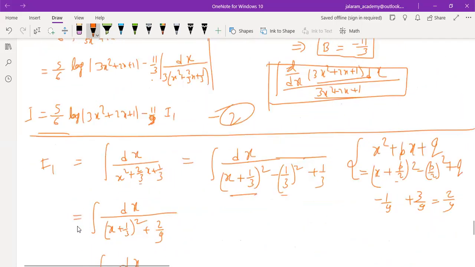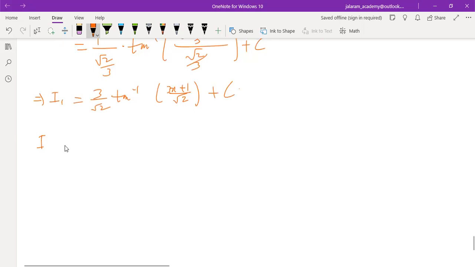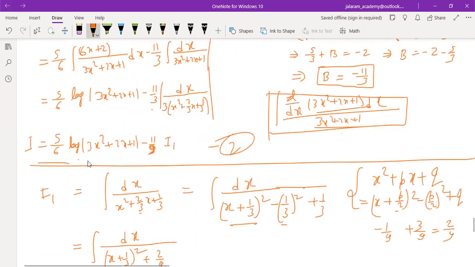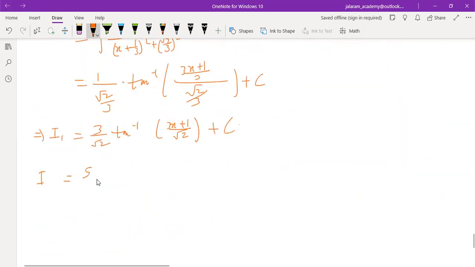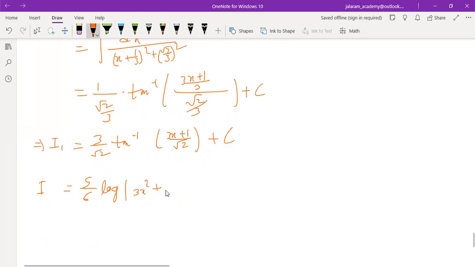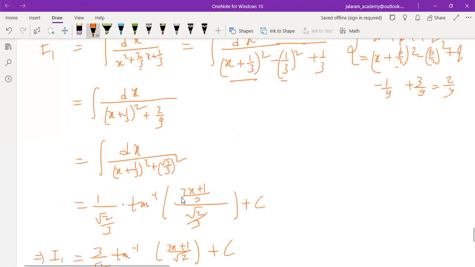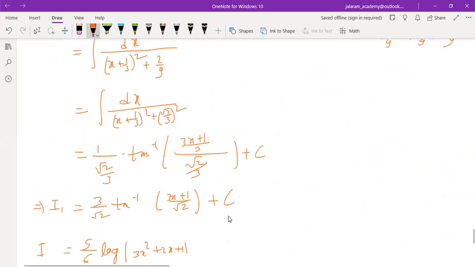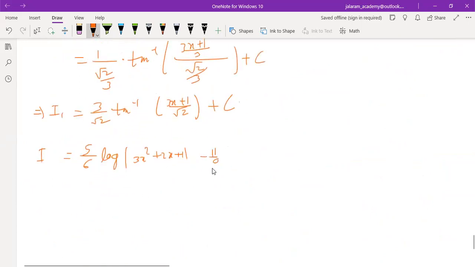So now I will be obtained by I equals 5 by 6 log 3x square plus 2x plus 1 minus 11 by 9 into I1, 3 by root 2 tan inverse 3x plus 1 upon root 2 plus c.